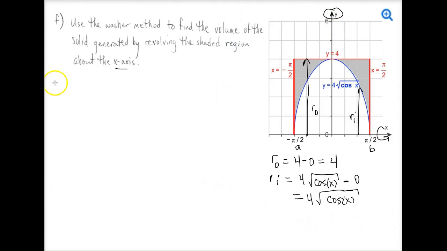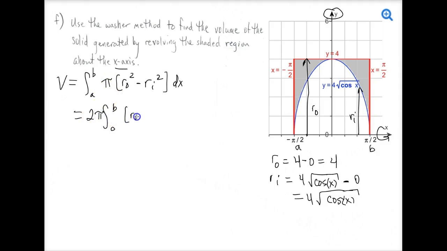So although our volume here can be defined from a to b of pi times the square of the outer radius minus the square of the inner radius, dx, in this case we could really just say this is going to be 2 times 0 to b, and pull the pi on the outside and have that be the difference between the outer and inner radius squared times dx, because that would make life a whole lot more simple.